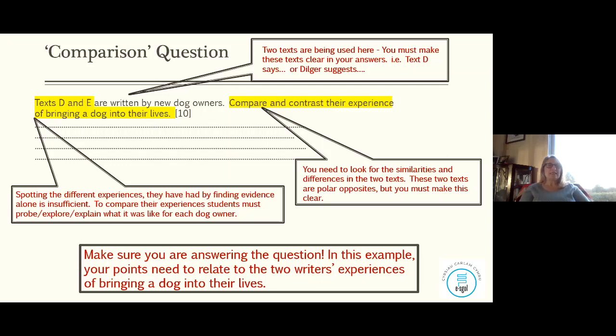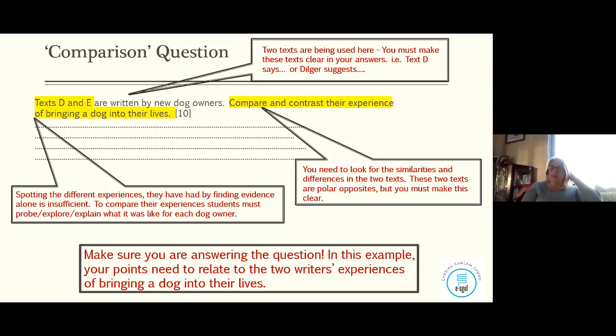So text D says, or Dilger, the author of the text, writes, whatever it is. You need to look for similarities and differences in the 2 texts. These 2 texts are polar opposites, but you need to make this clear. So when we look at these 2 texts, or extracts from them, you'll see that their opinions are opposite, but you need to try and make that clear. So that's one of your comparison points.